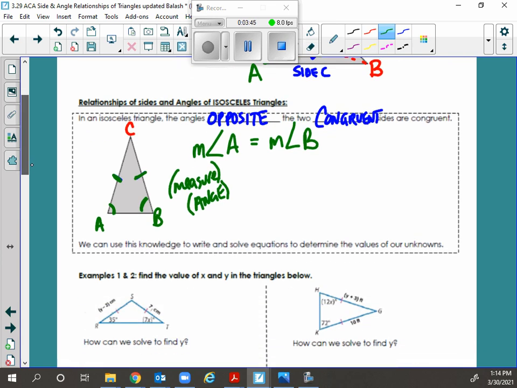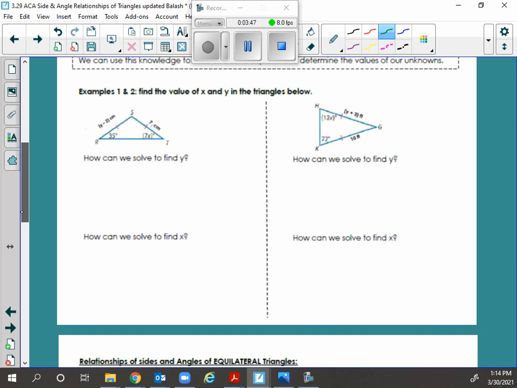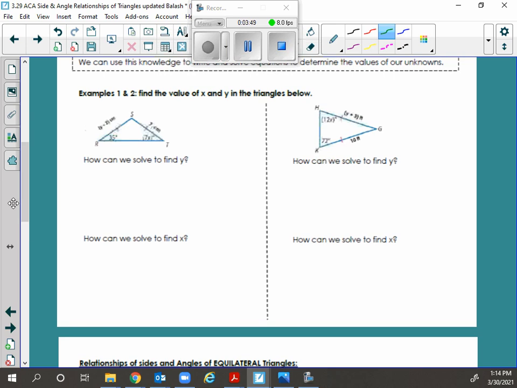Okay, I want to go through an example with you. Example 1. It says find the value of x and y in the triangles below. So how are we going to find y? Well, I notice that y is a part of the length of RS.